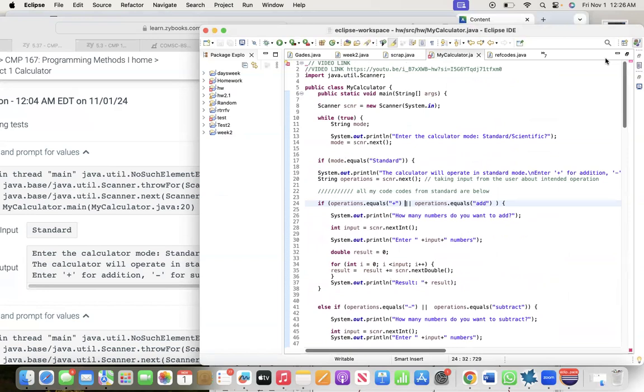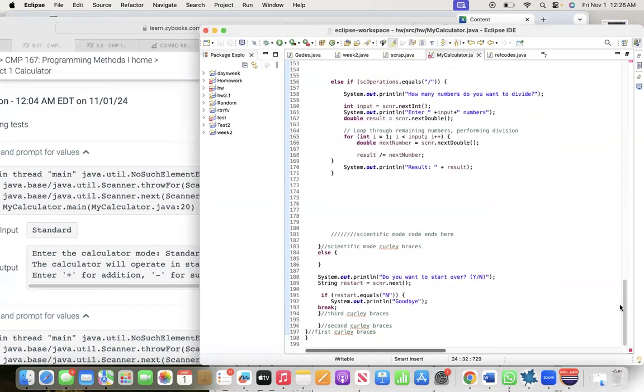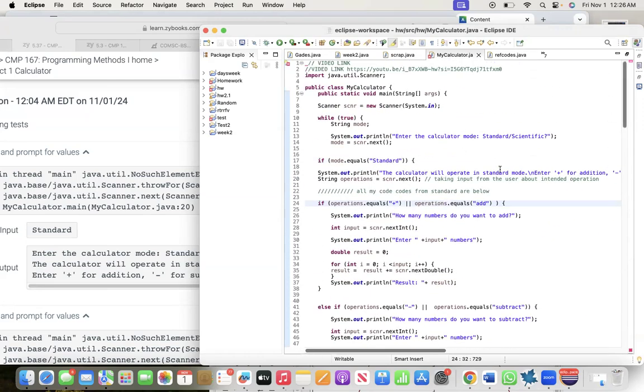I did have some trouble, I believe with the "enter calculator mode" and "the calculator will operate" lines. I was seeing that a lot in my output versus expected output, and I was really confused why it wouldn't stop and start correctly. I thought it had something to do with my break at the end. I even added another if for if restart equals y, it should prompt the user again to enter calculator mode.